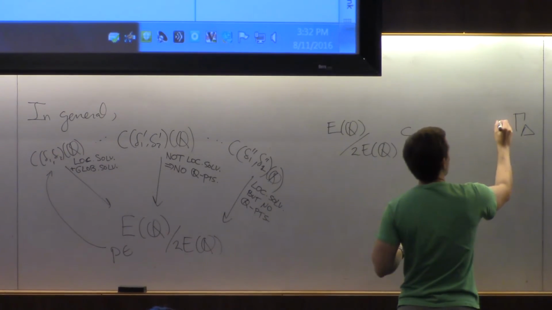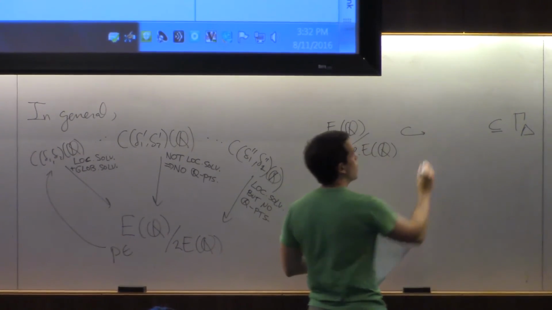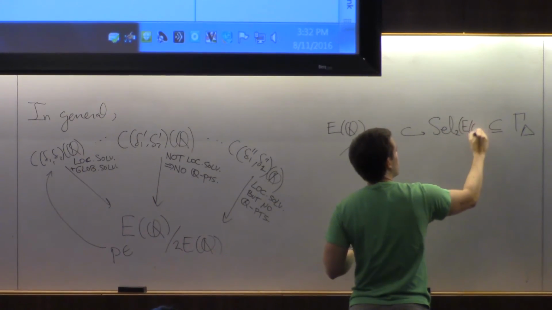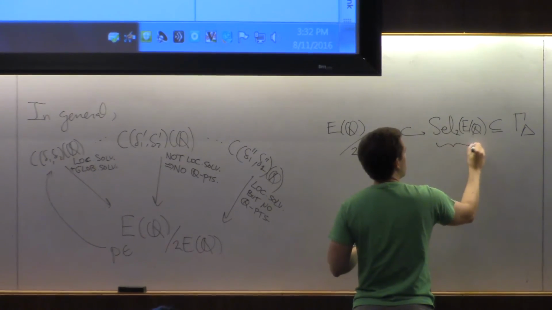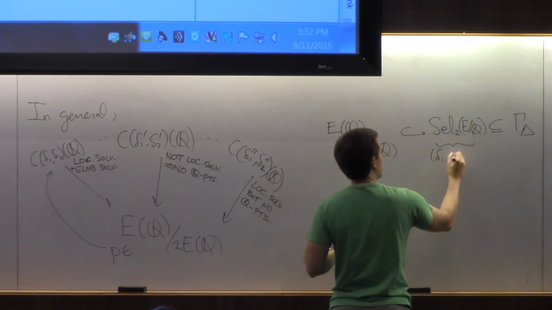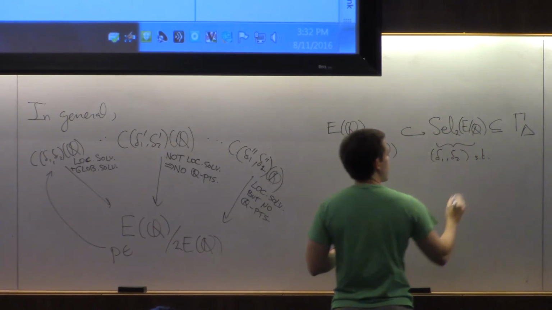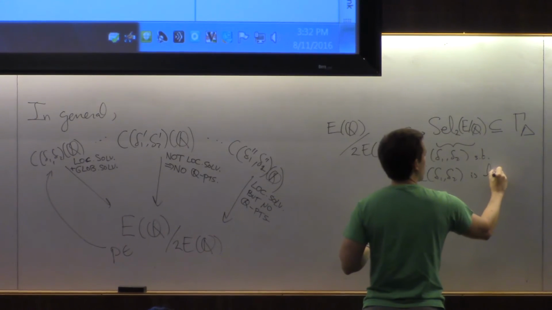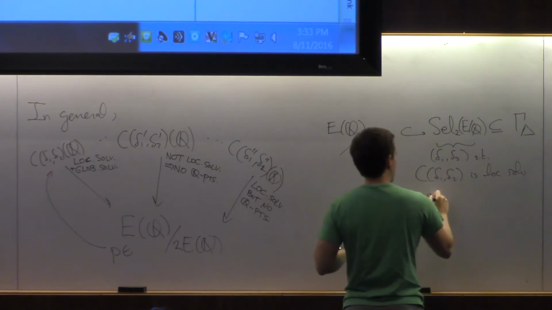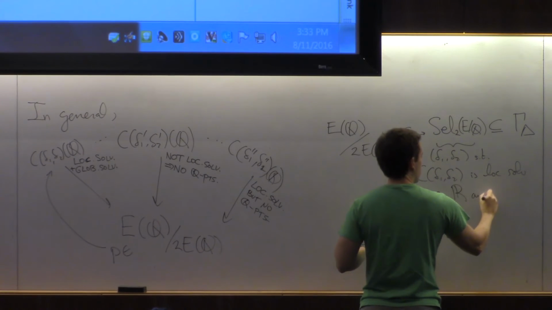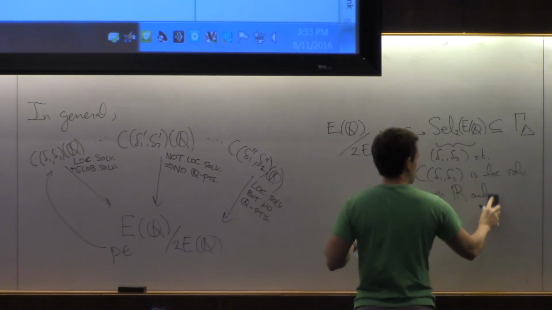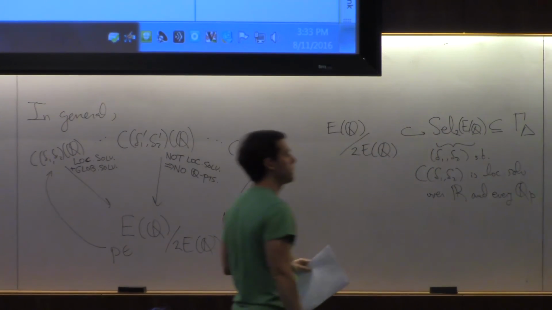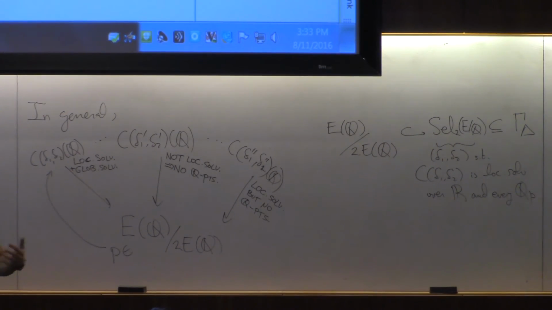But then within those is those that we call the Selmer elements. And these are going to be the deltas such that the corresponding homogeneous space is locally solvable over R and every Q_p.